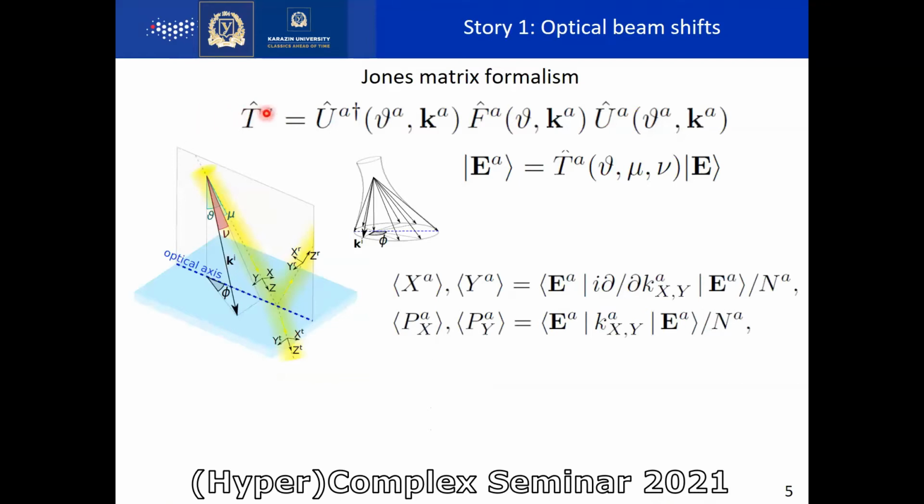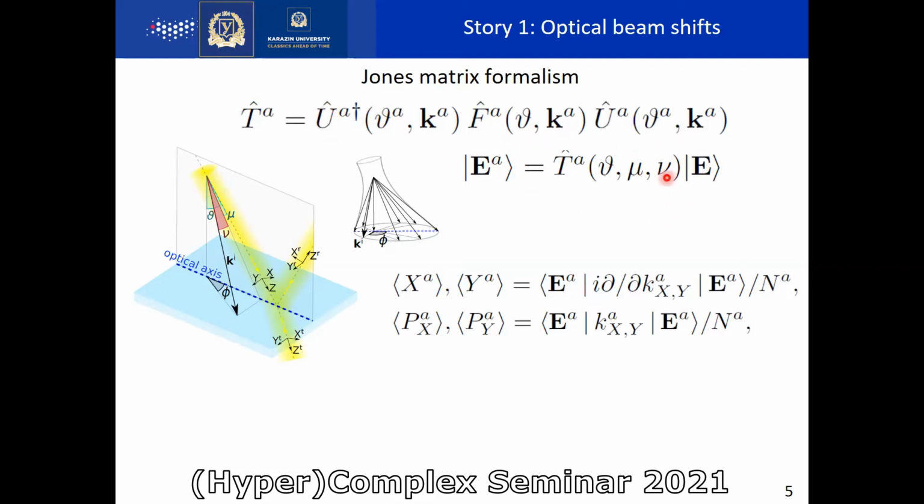So we've followed the so-called Jones matrix formalism. First, this Jones matrix is a composition of 3 matrices. First, we go to the system of coordinates of the central constituent plane wave of this beam. We calculate the Fresnel coefficients for the particular wave, take into account the deflection of the non-central wave from the central one, and then we go back to the initial laboratory system of coordinates.